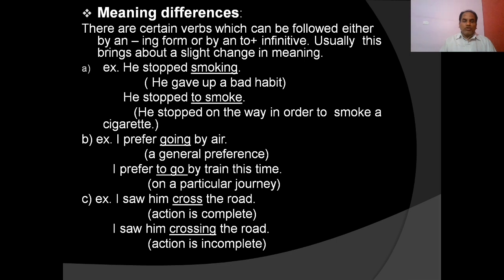But I saw him crossing the road means when I saw him, he was just crossing. The action is incomplete or in progress. Both of them are correct. But here cross is the bare infinitive, meaning the action is complete, and crossing is the -ing form, and the meaning here is incomplete.